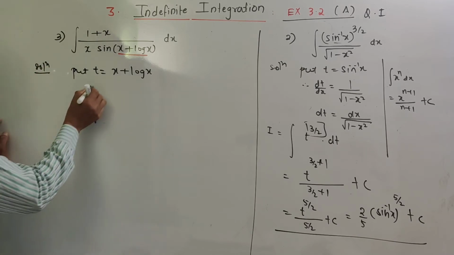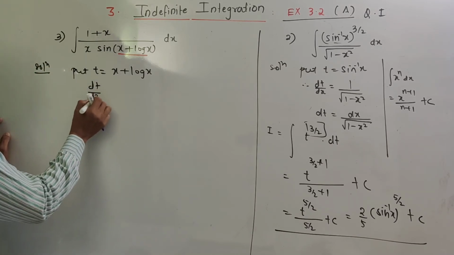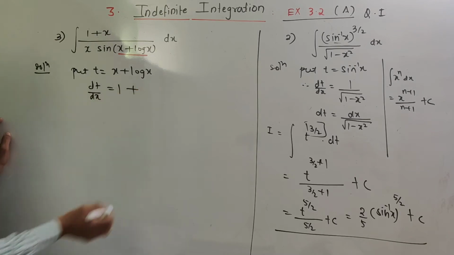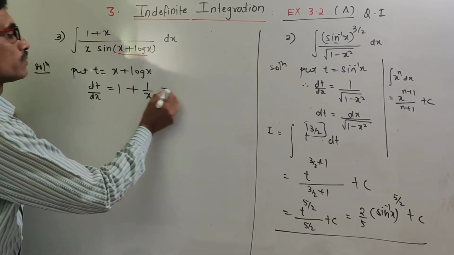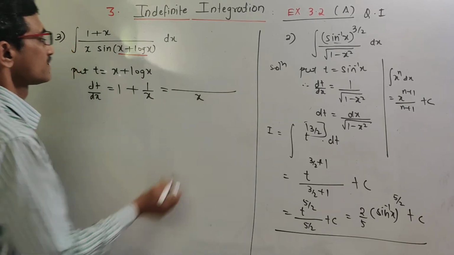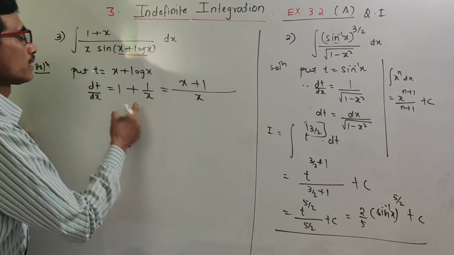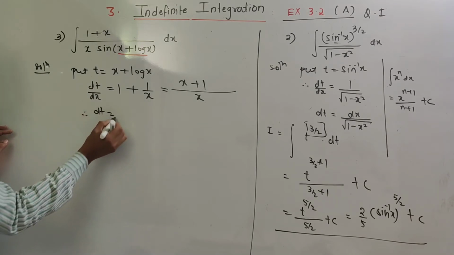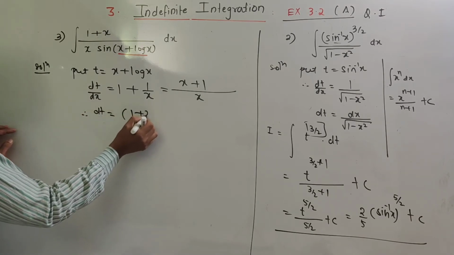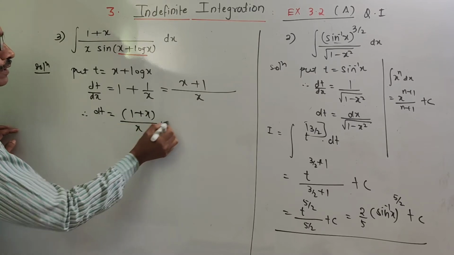Therefore differentiating with respect to x, dt by dx, x derivative is 1 and log of x derivative is 1 by x. Simplified, LCM is x, x plus 1. Therefore dt is equal to 1 plus x upon x into dx.